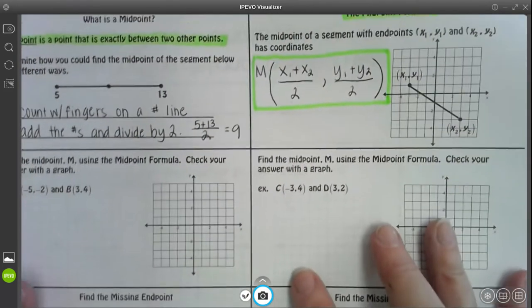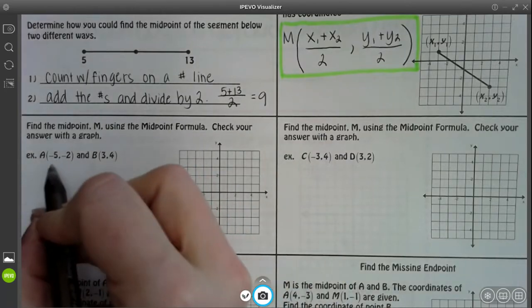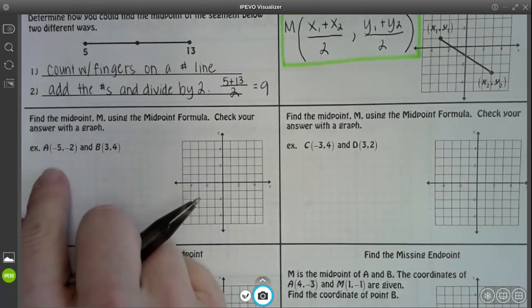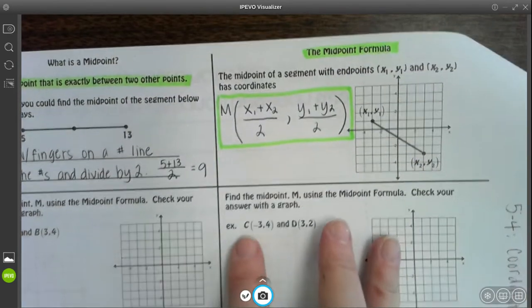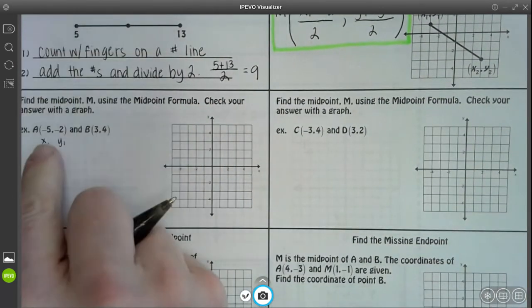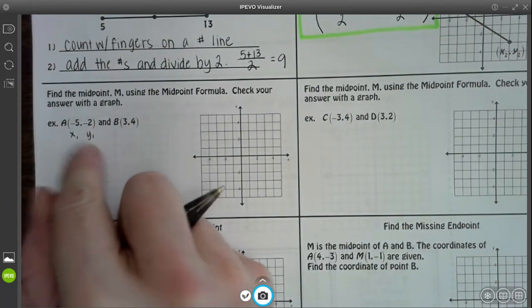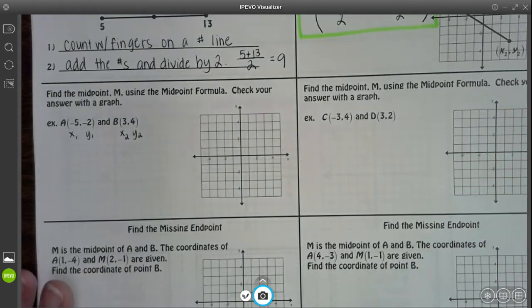All right, so let's use that down here. It says find the midpoint M using the midpoint formula and check your answer with a graph. When I have these 2 points, I'm going to call one of them my x sub 1, y sub 1, and the other one x sub 2, y sub 2. It doesn't matter which one is which. Okay, so I'll just call this my first set of coordinates, and then this will be my x sub 2 and my y sub 2.